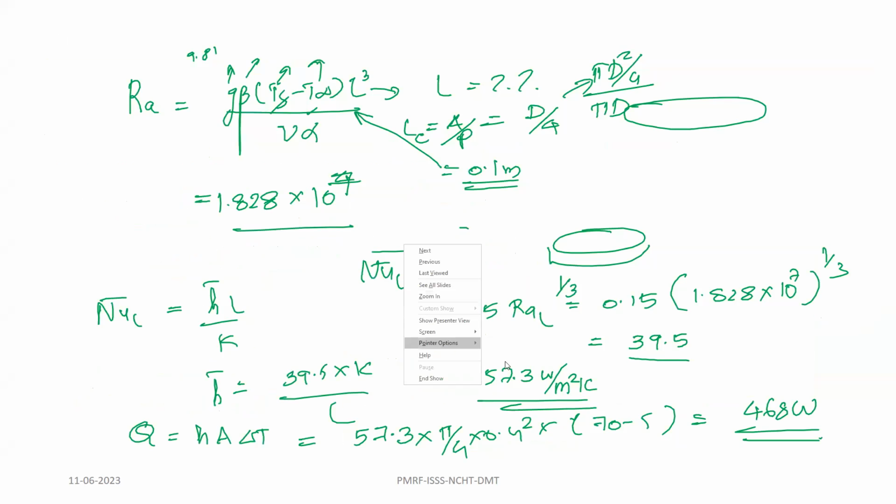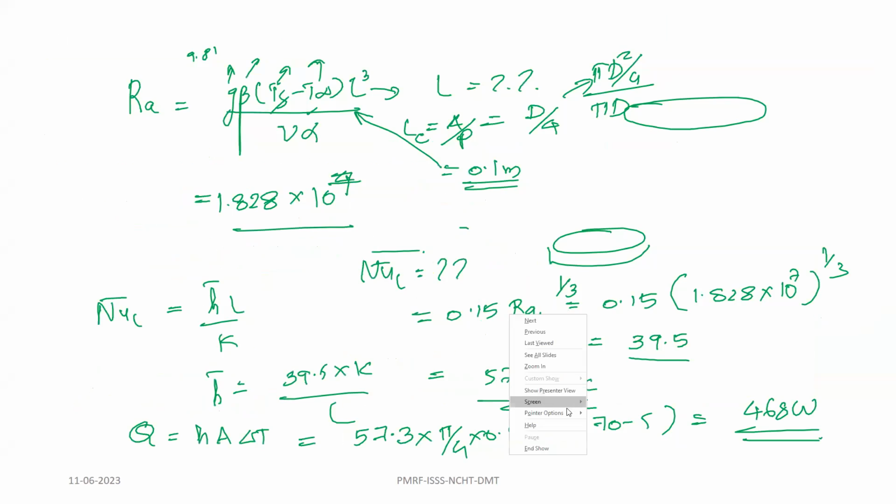So what did we do? What are the steps that we have taken? First we calculate the bulk fluid temperature. From that we calculate the beta as well as the properties. Then we need to calculate the Rayleigh number, to see whether it is laminar or turbulent and which correlation to use.